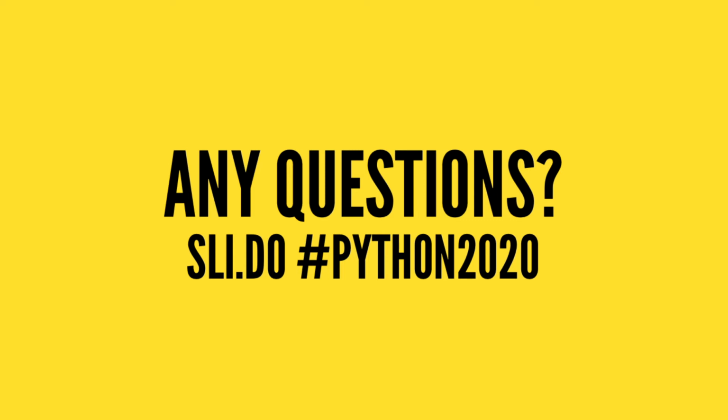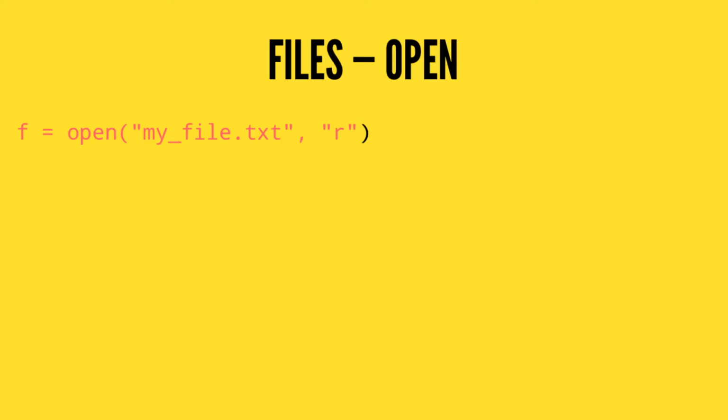Okay, so let's start with week 8 content, which is files. In Python, you can open files, and it's really important. Anytime you're going to use a file, the first thing you have to do is open it. Here we've created a variable called f, and it equals open, and then in the brackets you have to state the name of your file, a comma, and then the mode you're going to open it in.